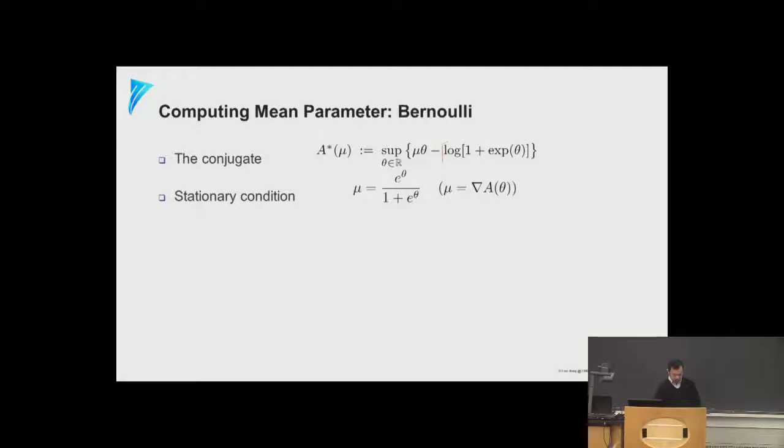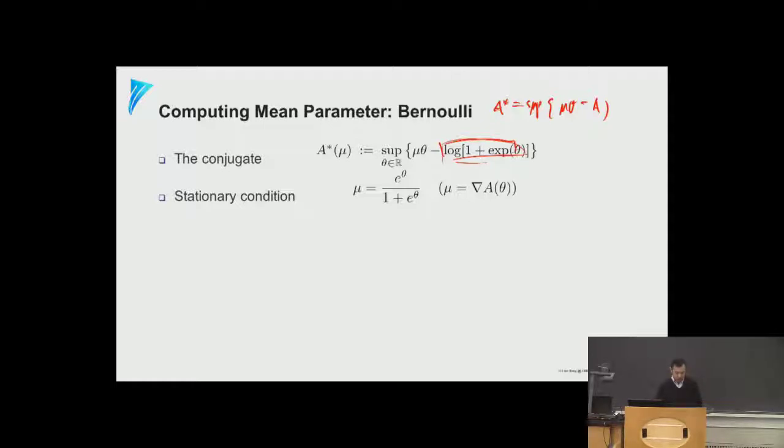So see this term, right? Because A star, which is the conjugate, equals the sup of the conjugate pair minus the original function. And we already computed the original function in our previous slides. It's basically getting here.